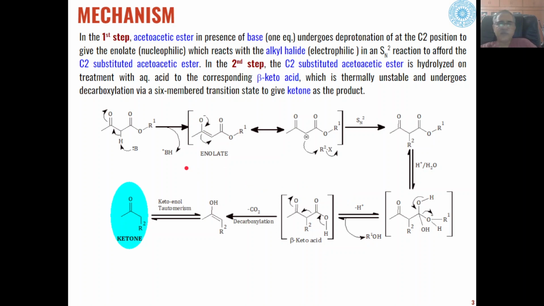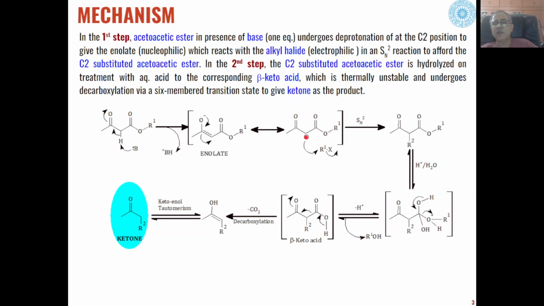Now as far as the mechanism of this reaction is concerned, as I have told you, the proton present at the second carbon is very acidic because of the presence of these two carbonyl groups. So the base will abstract this proton and an enolate of this type will be formed, which is a resonance hybrid of this type of carbanion.